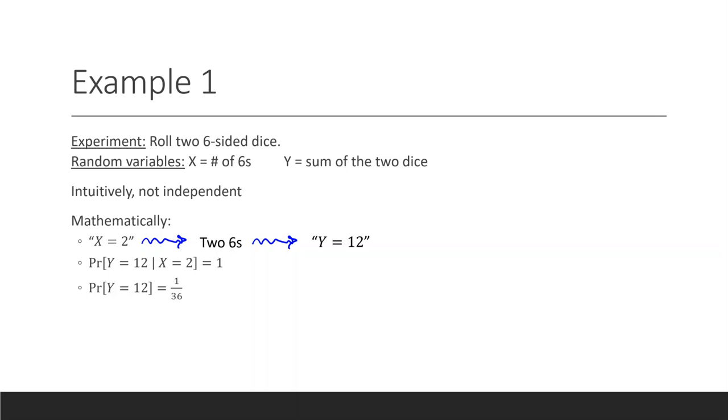Since 1/36 is certainly not the same number as 1, the events x equals 2 and y equals 12 are not independent. They're dependent. And therefore, the random variables x and y themselves cannot be independent.